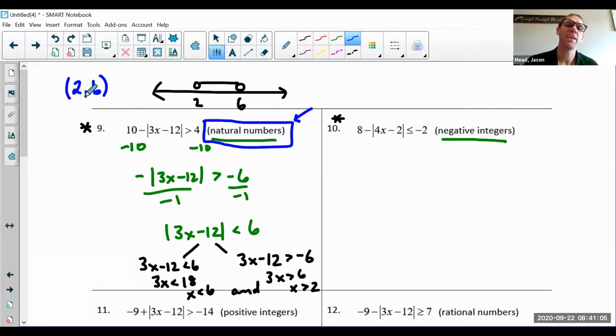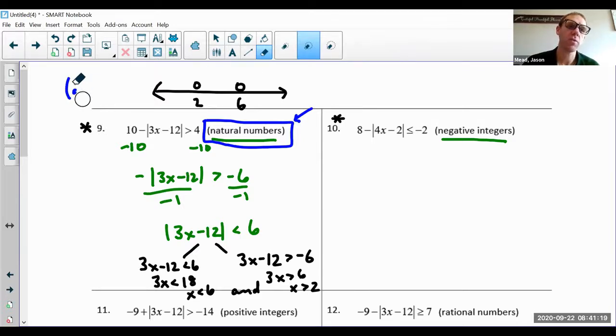So that means that instead of having an interval notation or a graph that looks like this, I have to restrict my answers to only be the natural numbers. So the natural numbers are the numbers that are just the counting numbers starting at 1.